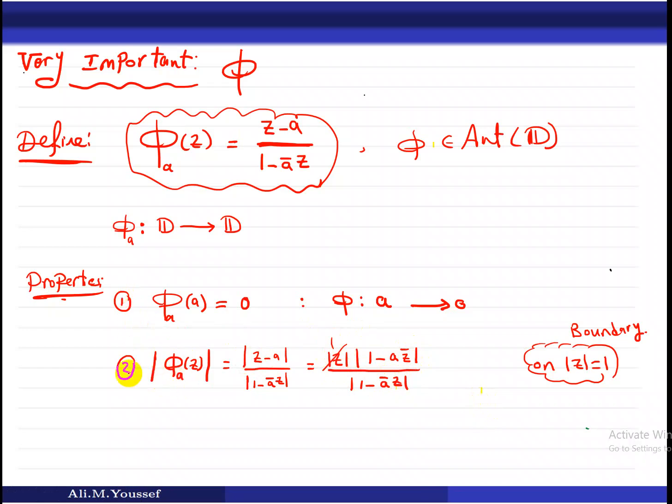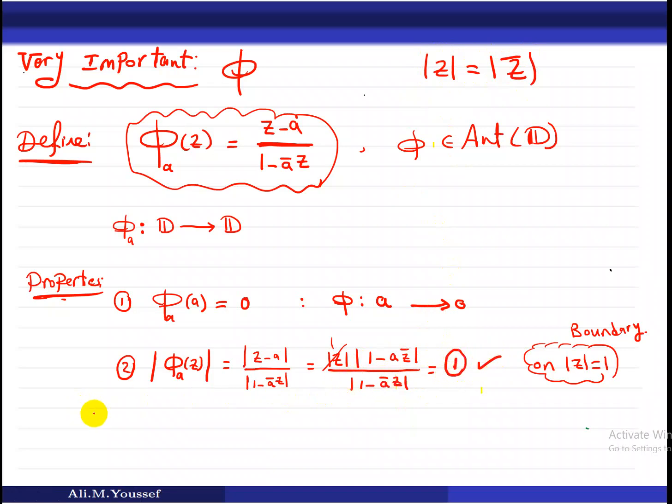We talk about the modulus on the boundary because it's very important. We'll use it. Here the numerator is the conjugate of the denominator, and the modulus of z bar is the same as the modulus of z.